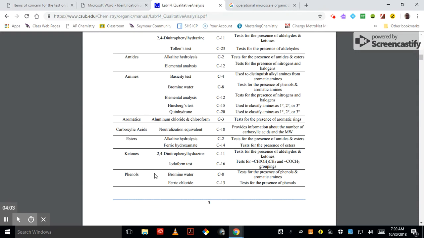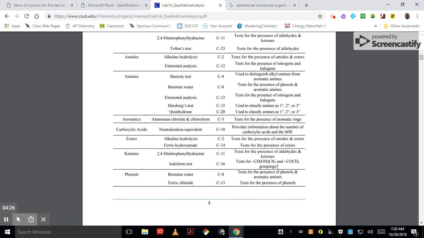You have a bunch of tests listed. I'm not going to go through every test here. The tests are pretty much self-explanatory in the listing, but there are specific tests that apply to certain functional groups. For example, the 2,4-dinitrophenylhydrazine test is a very good indicator of whether you have a ketone or not. It'll tell you if you have an aldehyde or a ketone.